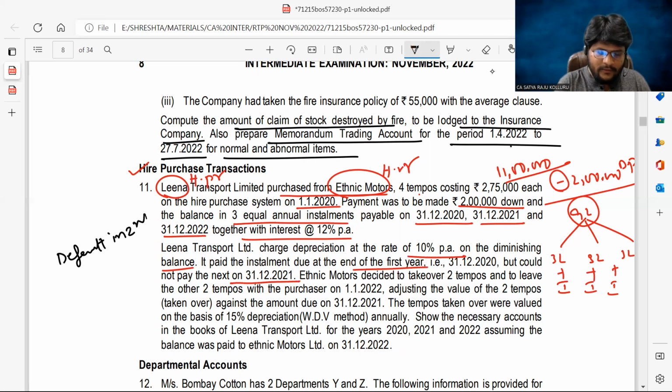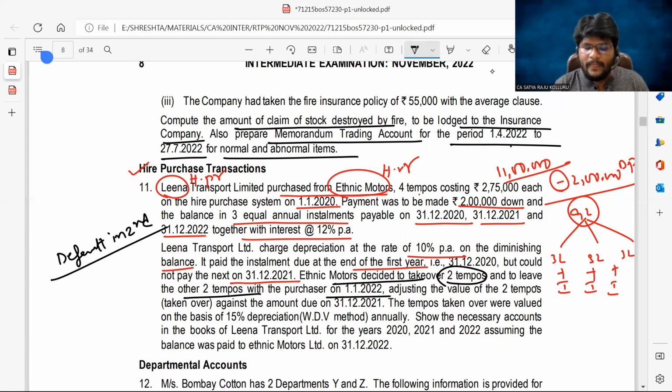Whenever there is a default in a particular installment, the hire vendor has a privilege to repossess such goods. As a result, Ethnic Motors decided to take over 2 tempos and to leave the other 2 tempos with the purchaser on 1/1/2022. This is a partial repossession, which is not a full repossession.